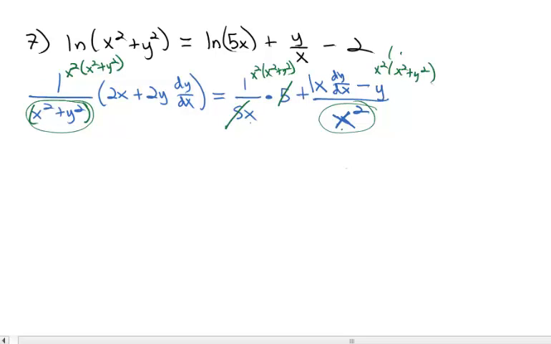My screen jumped on me for some reason. So when we do that, the x squared plus y squareds are gone in the first. Whoops, I didn't want them to actually disappear, I just wanted to cross them off.